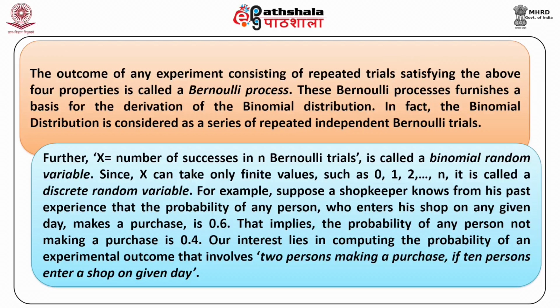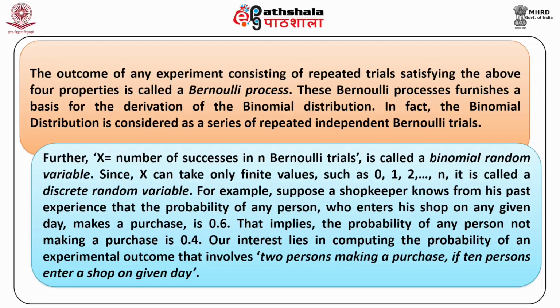Further, let's say x is equal to the number of successes in n Bernoulli trials, which is called a binomial random variable. Now, since x can take only finite values such as 0, 1, 2 up to n, it is called a discrete random variable. For example, suppose a shopkeeper knows from his past experience that the probability that any person who enters his shop on any given day makes a purchase is 0.6.